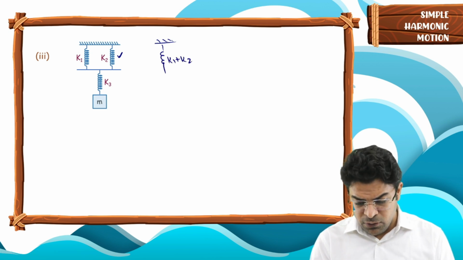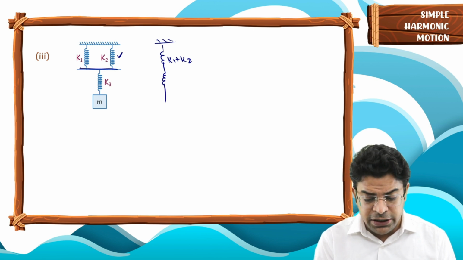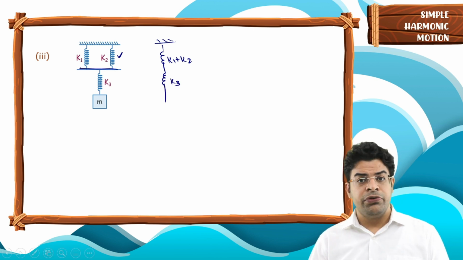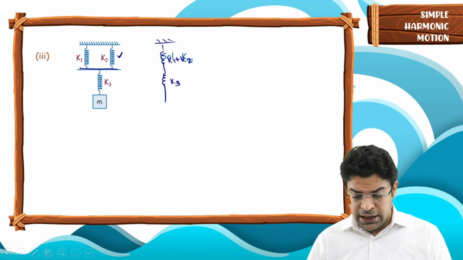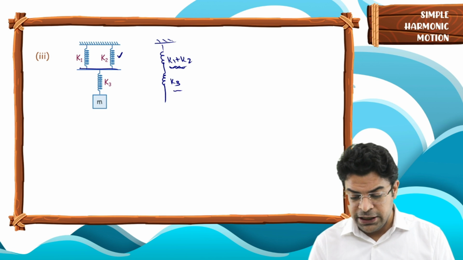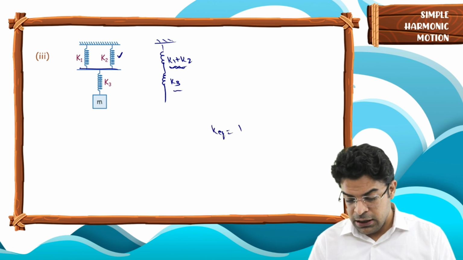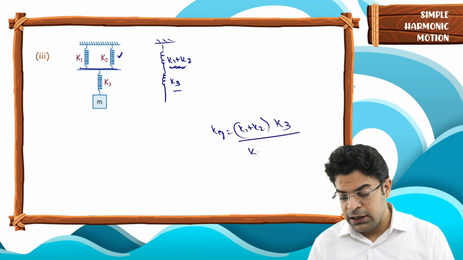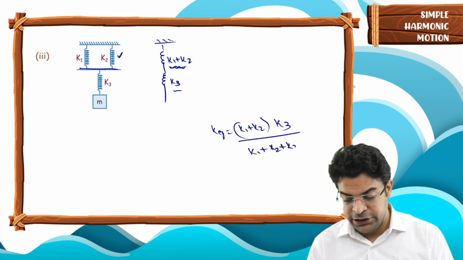And then there is one more spring connected in series with this combination which has got spring constant K3. So you will write the K equivalent will be equals to K1 plus K2 into K3 upon K1 plus K2 plus K3.